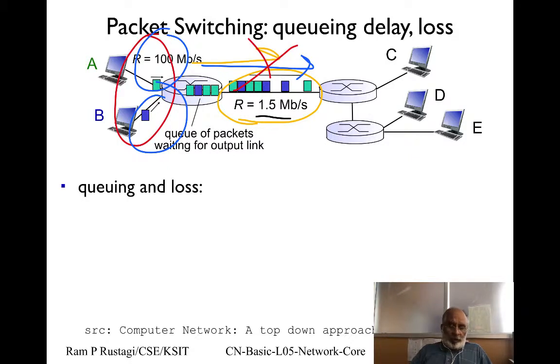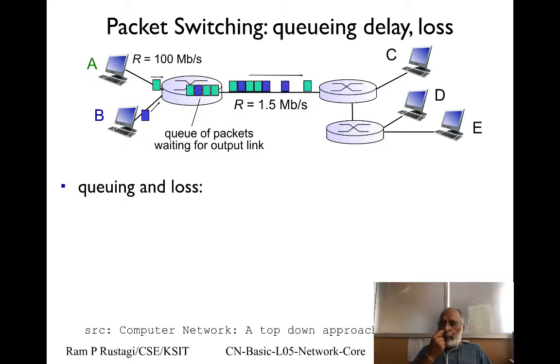Now this router which we have here can buffer packets for a certain time. It can do buffering for whatever buffer memory is available, but once the buffer is full, it's going to drop the packet. So typically what happens in the internet, when the sender sends packets, they come here, and the link is choked, the traffic will be kept in the buffer, and if the buffer is full, it will simply drop the packet, and when the packet is dropped, it needs to be retransmitted.